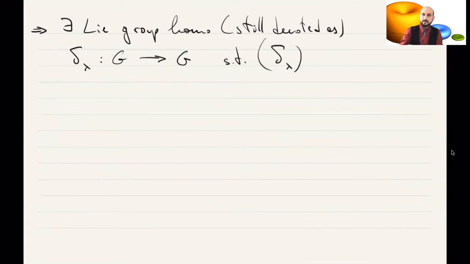We are denoting with the same symbol the same thing, but it should not be confusing. So the map, seen as a group homomorphism, has the differential equal to the dilation on the level of the Lie algebra.